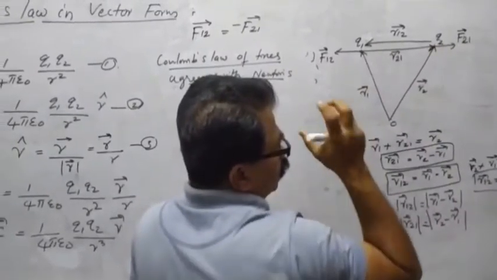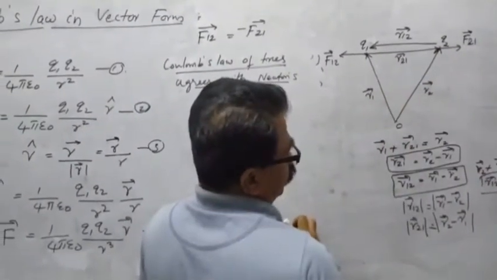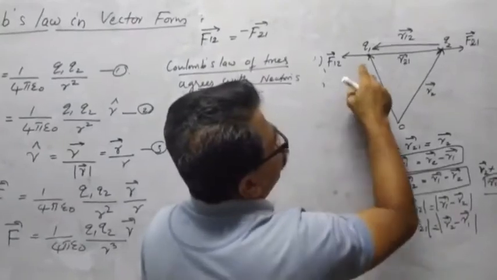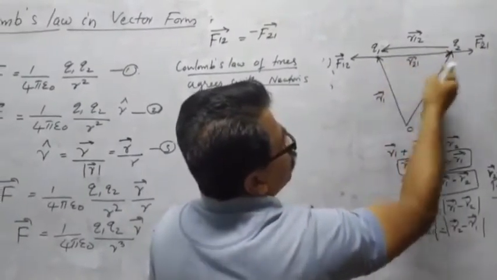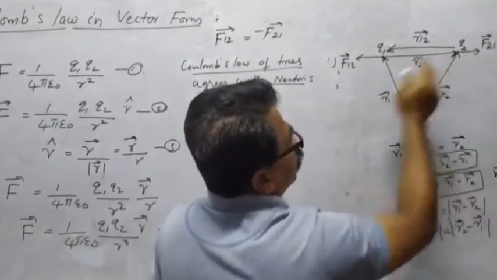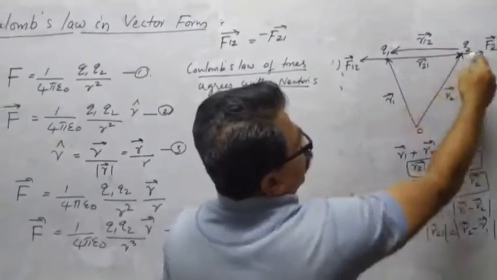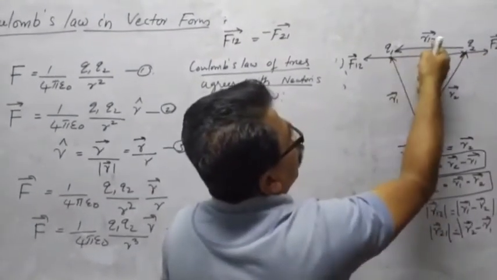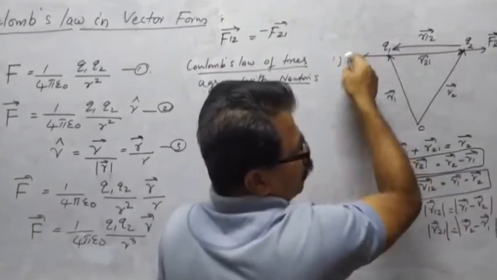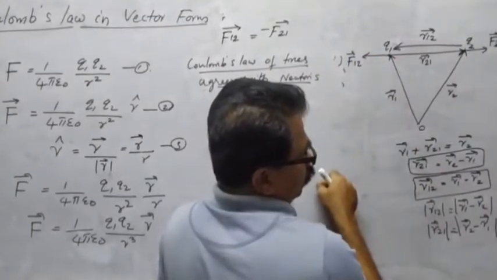That is, like charges repel. Similarly, if Q1 and Q2 are of opposite sign, one positive and the other negative, F21 is along R12, which represents force of attraction.